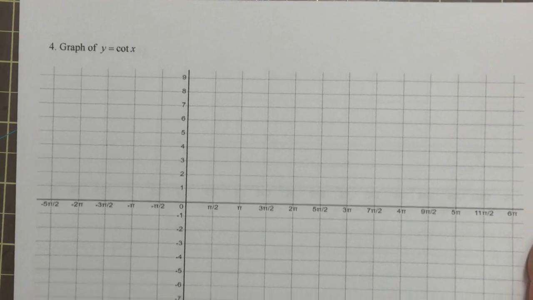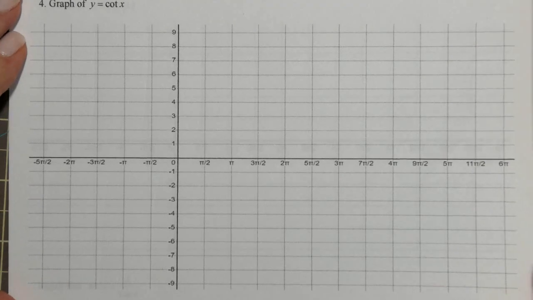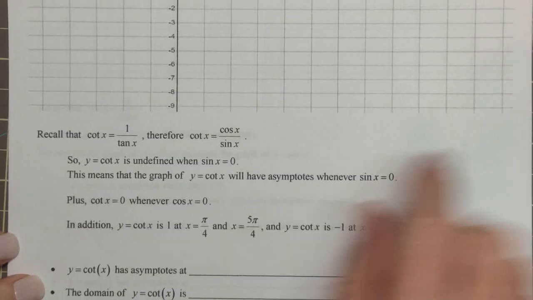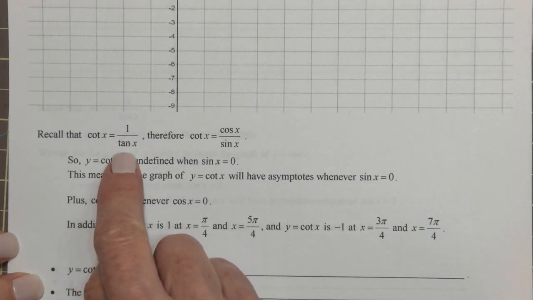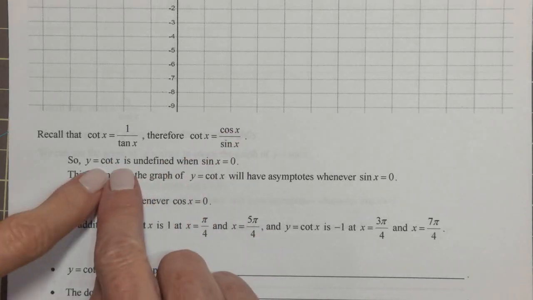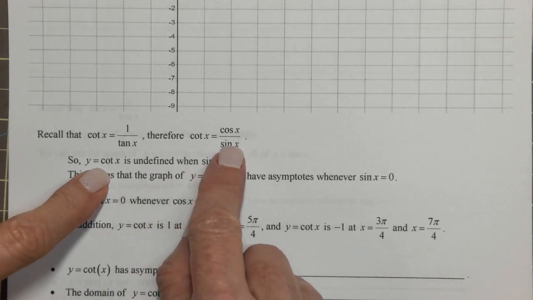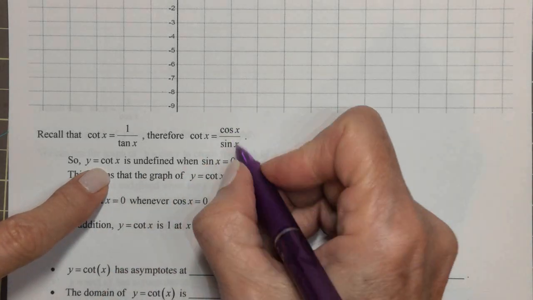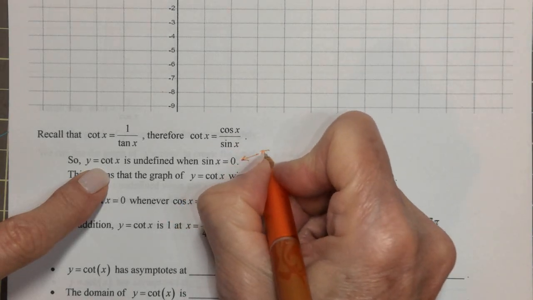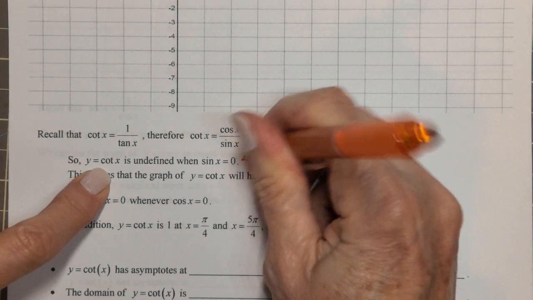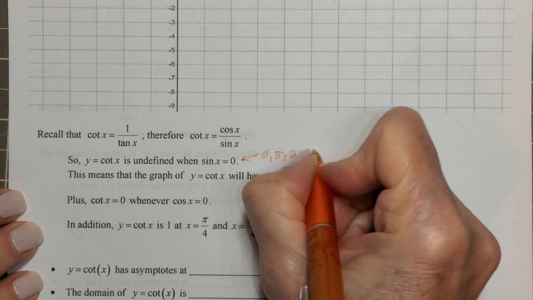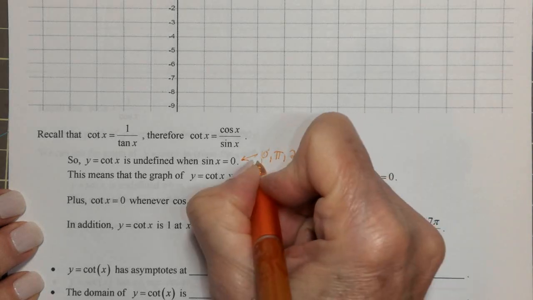Okay, let's talk about cotangent. We're doing all 6 basic trig functions. So recall that cotangent is the reciprocal of tangent. Therefore, cotangent is cosine over sine. Cotangent will be undefined whenever sine is 0. And that is at 0 and pi and 2 pi and 3 pi, etc., in both directions.